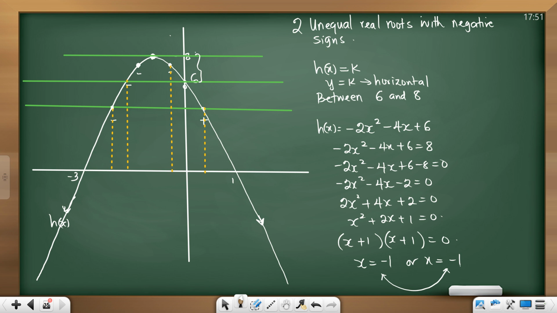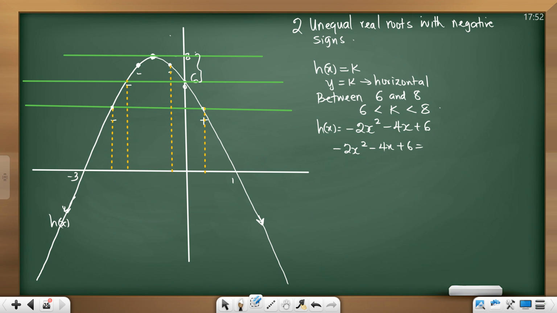What are we saying? We're saying k should be between 6 and 8. Give me an example of a number between 6 and 8. 7. So we are going to make this 7. I want us to see our answers. If this is 7, what's going to happen? Negative 2x squared minus 4x plus 6 minus 7.